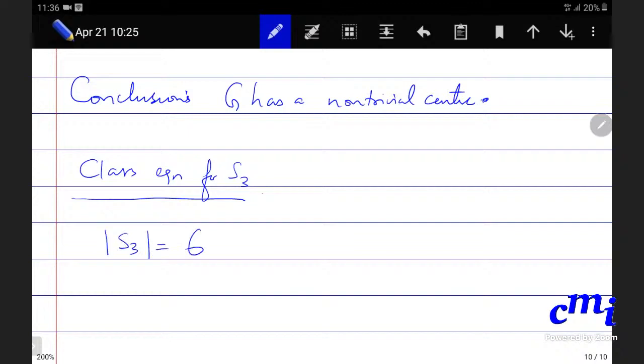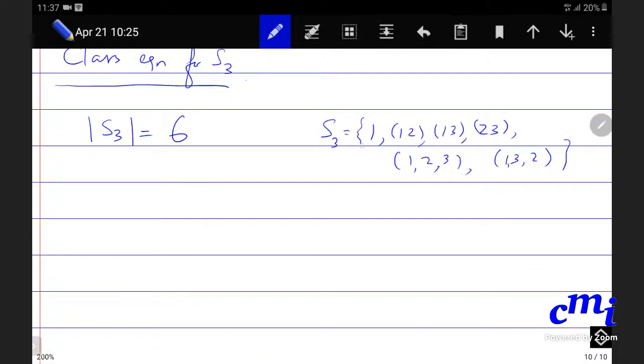S3 has an element of order 3, the cycle (1 2 3), and then its square, (1 3 2). So S3 is: identity, cycle (1 2), cycle (1 3), cycle (2 3), then cycle (1 2 3) and cycle (1 3 2). What are the conjugacy classes of these elements?